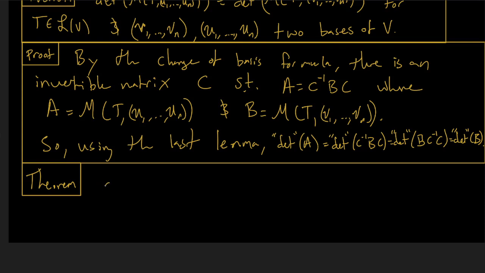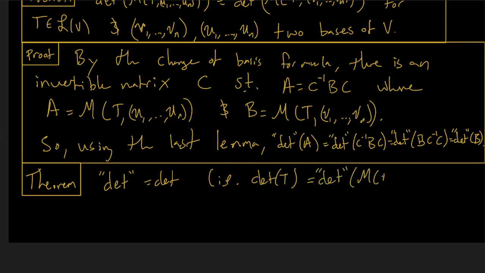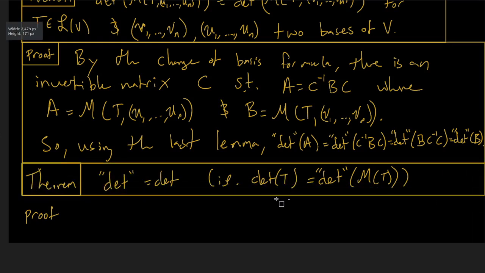It says the following, which is that det in quotes is equal to det not in quotes, i.e. the determinant not in quotes of T is equal to the determinant in quotes of the matrix of T. Oh, okay. So here's the proof. Let me box everything up here all nicely.